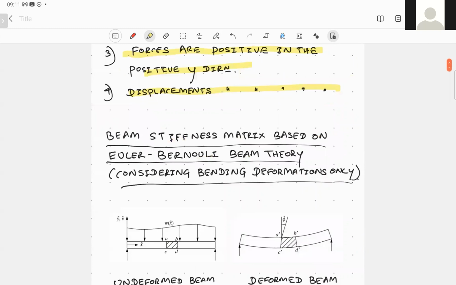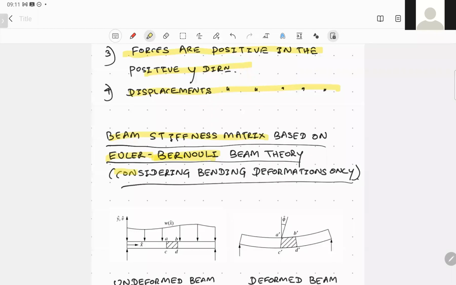So having that in mind, let's try to develop the element beam stiffness matrix. And for this, we will first use the findings by Euler and Bernoulli, which is defined using Euler-Bernoulli beam theory.